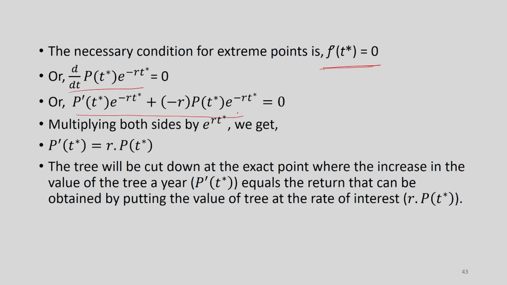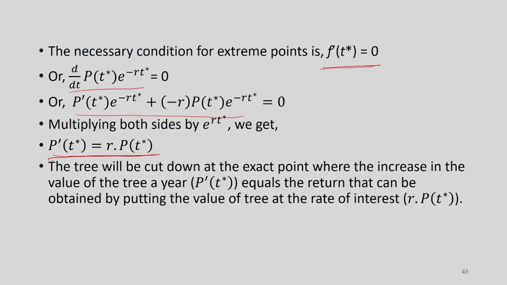I am using the product rule here, and multiplying both sides by e to the power R t star, we get this condition: P dash t star is equal to R times P of t star. This condition is actually very important. Whenever time is involved, some dynamics is involved, and a decision maker is trying to maximize the present discounted value, this condition makes an appearance again and again.